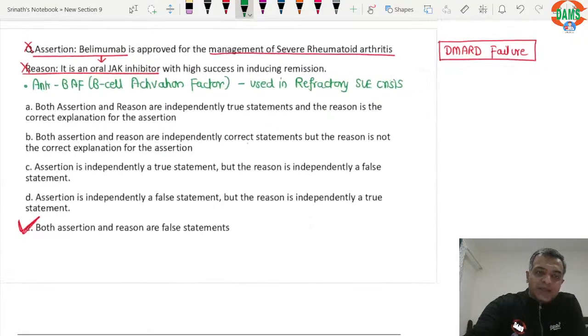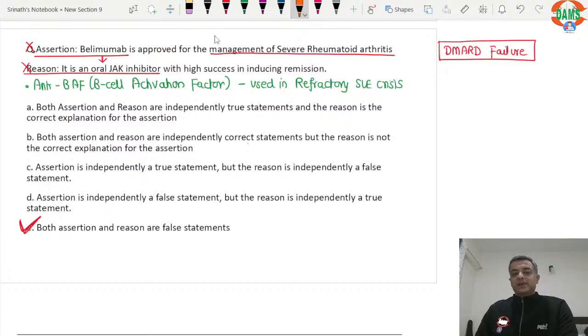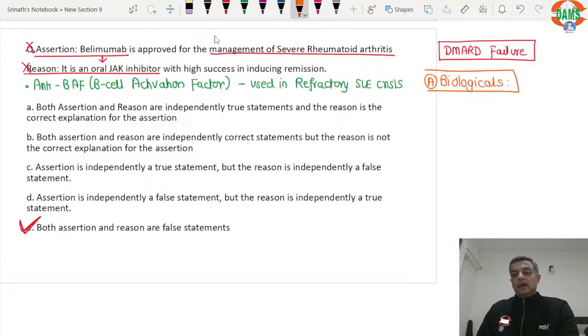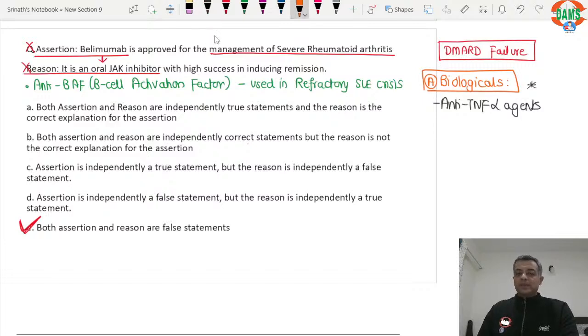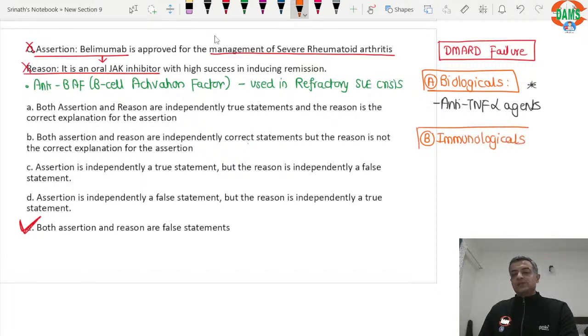But before we close, quickly tell me, in DMARD failure, what can we give? We can give both biologicals and immunologicals. Among the biologicals, you will always prefer the anti-TNF alpha agent first. But if not working, we can also go for immunologicals. In immunologicals, we have both tofacitinib and baricitinib.